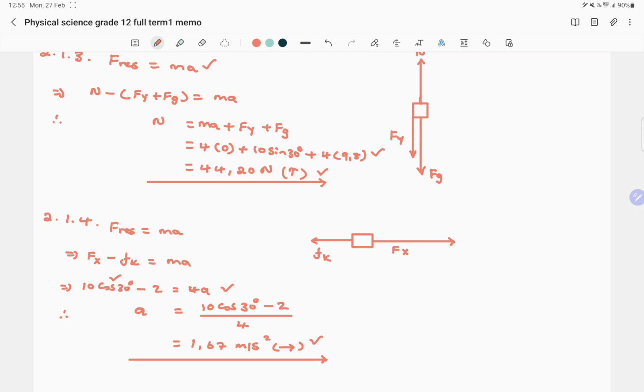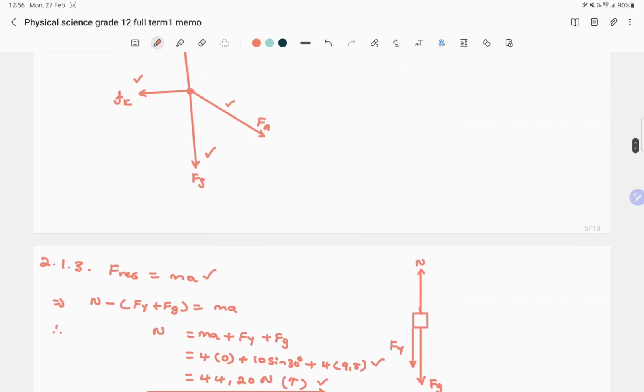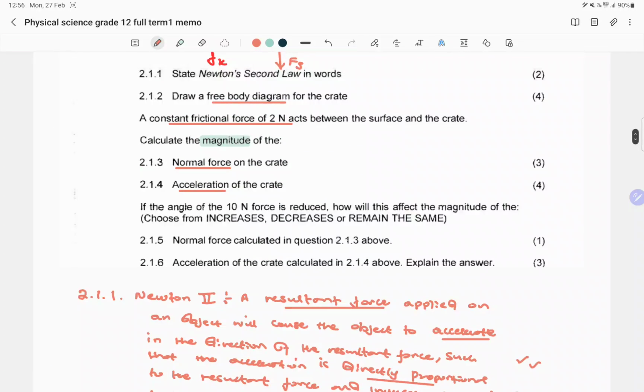Now I'm trying to think. Why so many marks for this thing? Okay, maybe we can say, okay, you're getting a mark for the formula anyways, it's fine. But it's not necessary when you've been using, this is a sub-question of the same question, so you can't get marks for the formula each time. Doesn't make sense. But anyway, let's move on.